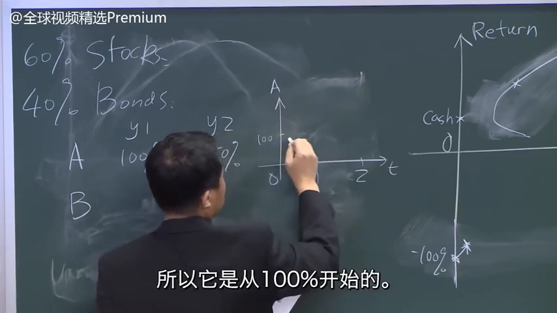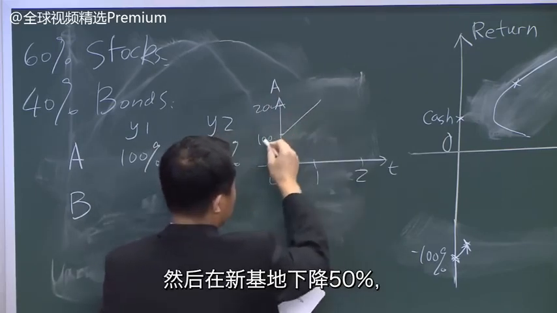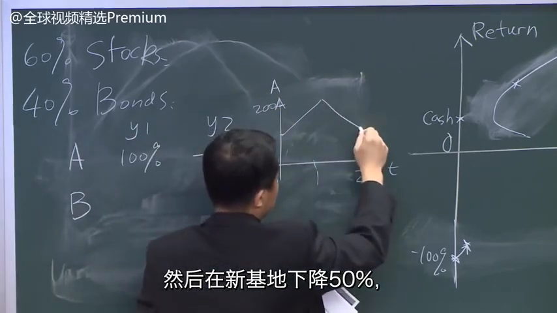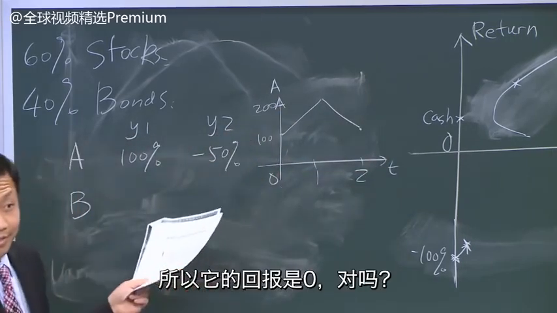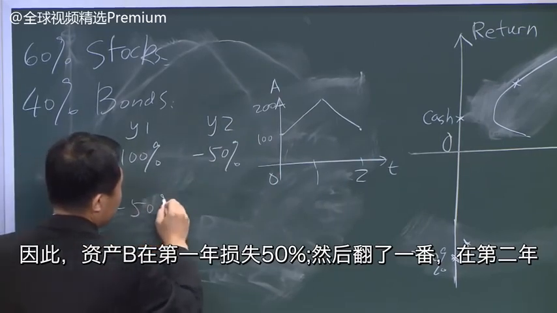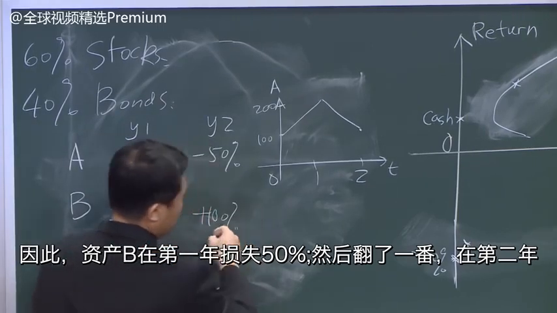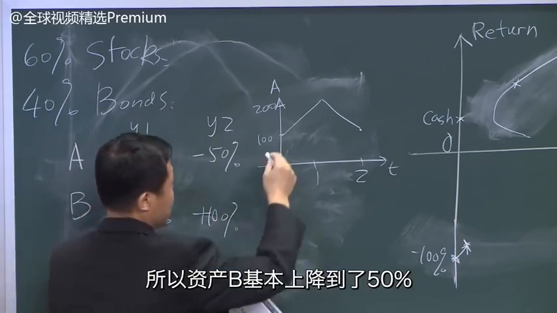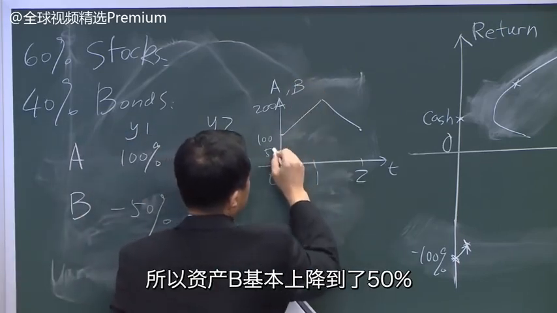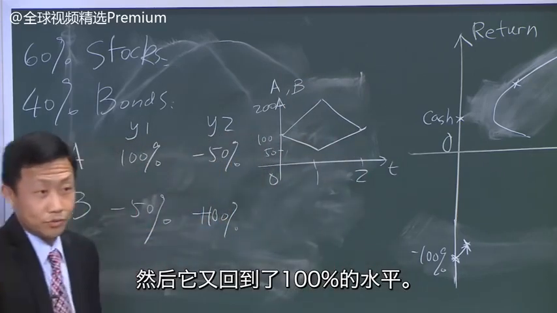It started at 100%, goes up to 200%, then goes down 50% on the new base. So it returns nothing. It comes back. Asset B in year one loses 50%, then doubles, up 100% in year two. So asset B goes down to 50%, and goes back up to 100%.